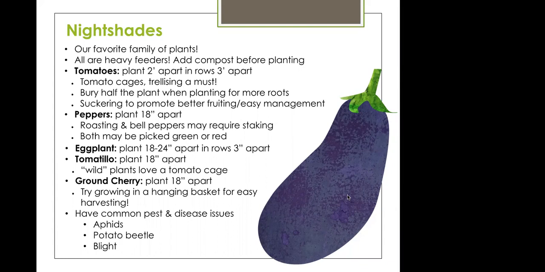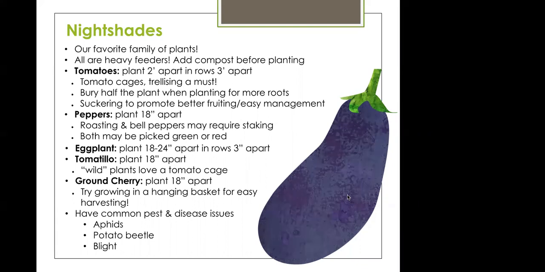Another thing to promote more fruiting and easier management is suckering your tomato plants. Suckering is something you should strive to do for your tomatoes, because it increases airflow, which helps with disease management, and it also promotes better fruiting.